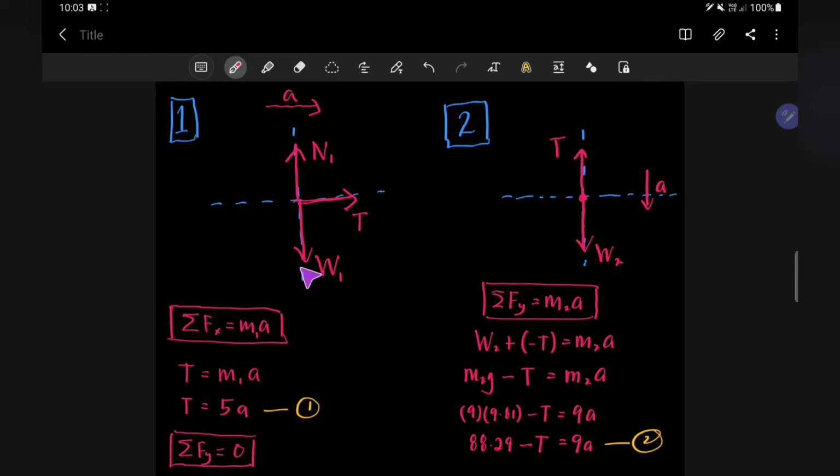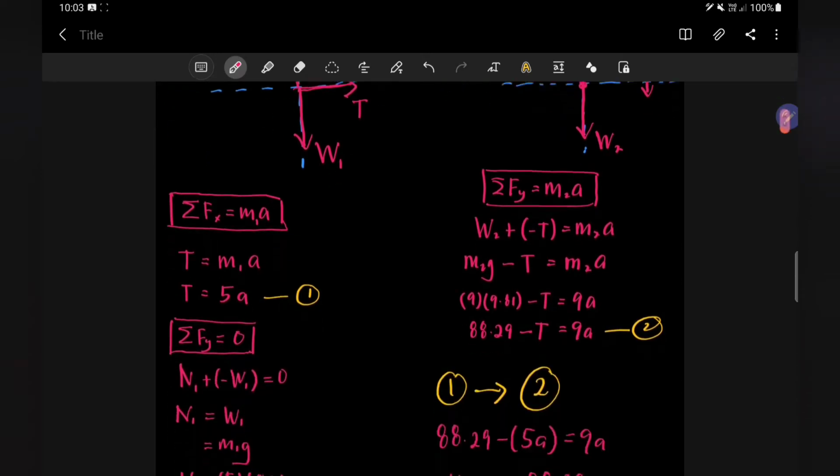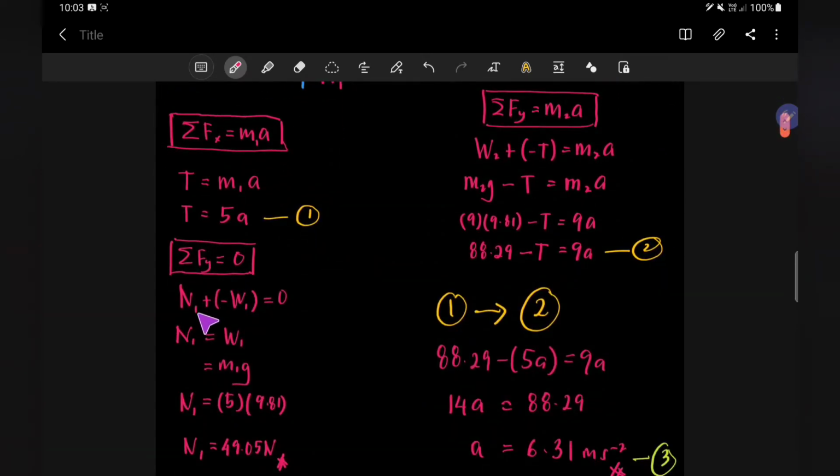And then from the y component, it seems like there is no motion on y. It doesn't jump, right? So no motion on y, so the sum of Fy equals 0. It doesn't move on the y component. As usual, upward is positive and downward is negative. So the equation is N1 plus negative W1 equals 0.